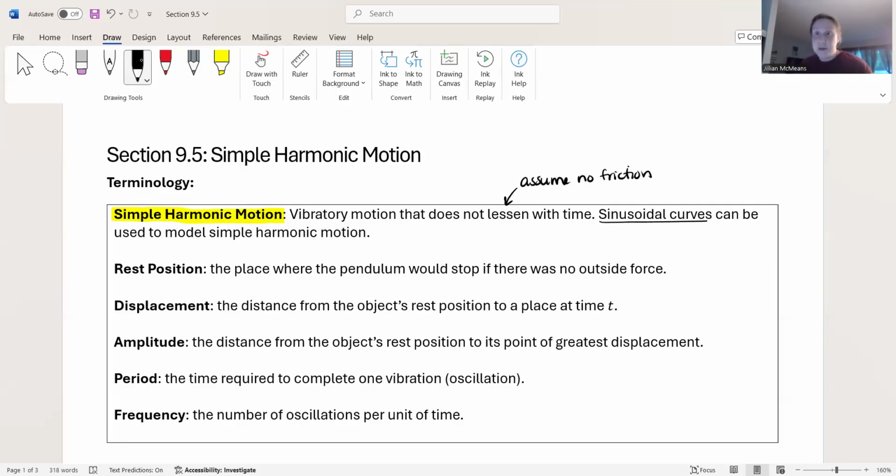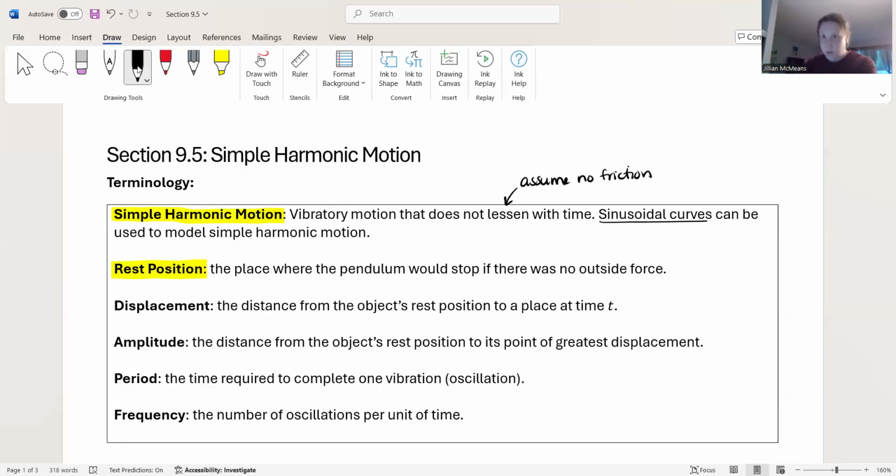Now, we talked about this central position. We will frequently call that the rest position. So we'll talk about starting at rest, or pulling down from rest, or pulling up from rest. But the rest position is that central position. This is the place where the pendulum, as we're going to call it, would stop if there was no outside force. So imagine that spring. You didn't touch it. That is rest.